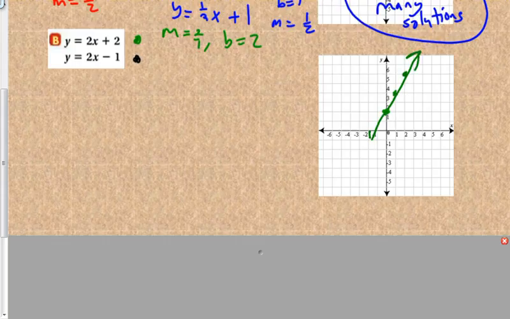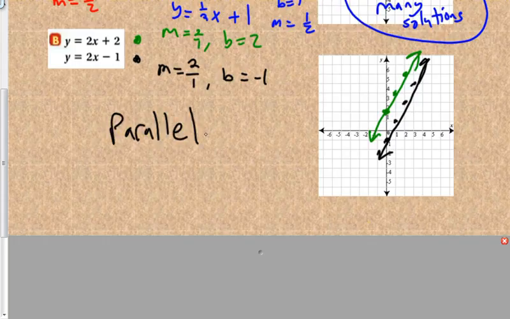There's our equation. The second one in black, you'll notice it has the same slope. We learned last chapter that same slopes mean parallel lines. The y-intercept is -1, because there's a minus sign. So we start at -1, go up 2 and over 1, up 2 and over 1. You might think they're going to cross, but in reality, if they have the same slopes, they never will cross. They are parallel.